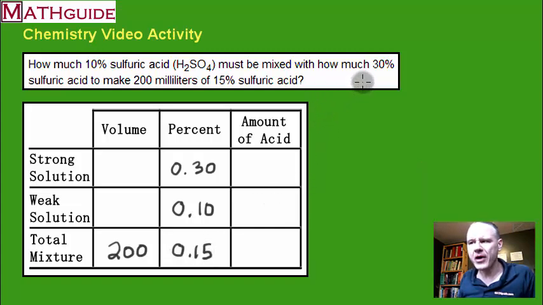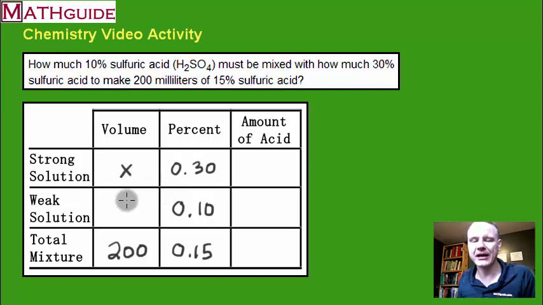Now nowhere in this problem does it say how much strong solution or weak solution we're using. As a matter of fact, that's exactly what we're trying to determine. How much of those do we need so we could produce 200 milliliters, and the 200 milliliters is exactly 15% acid. Well, if we don't know what something is in math, we sometimes use a letter to describe its quantity.